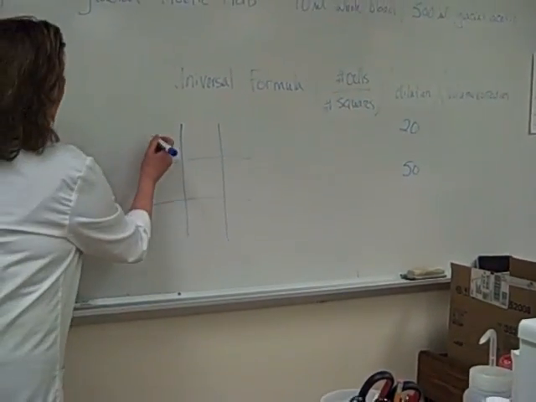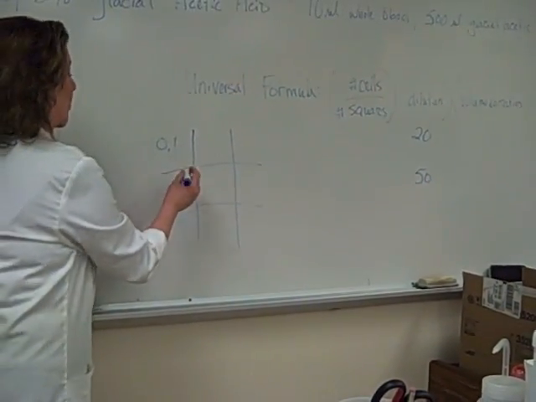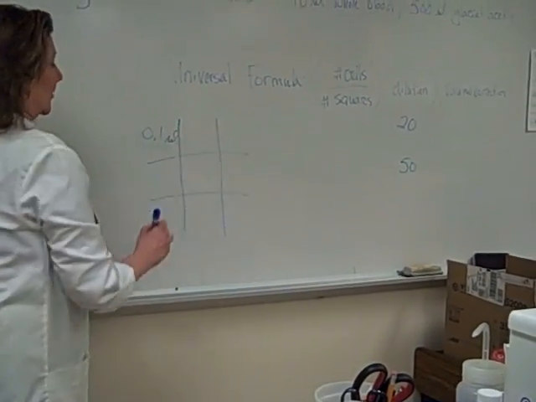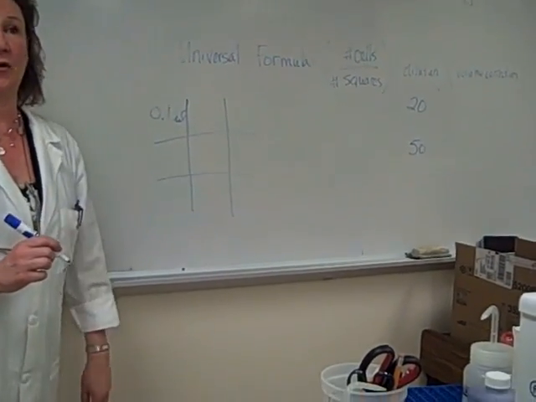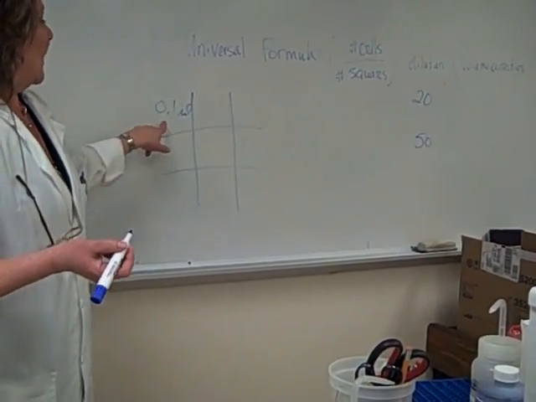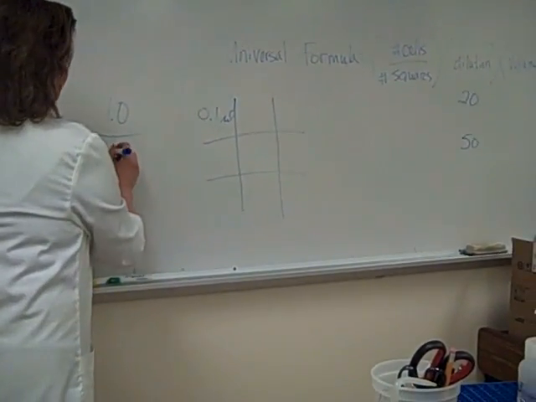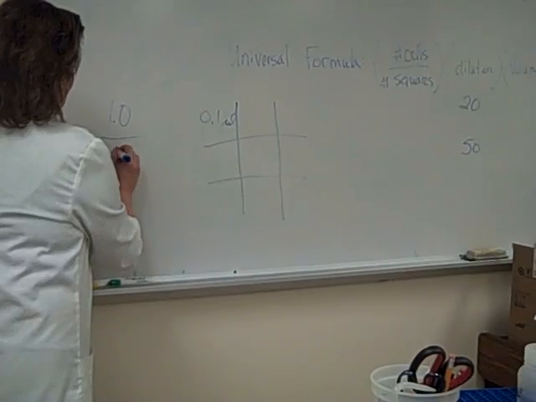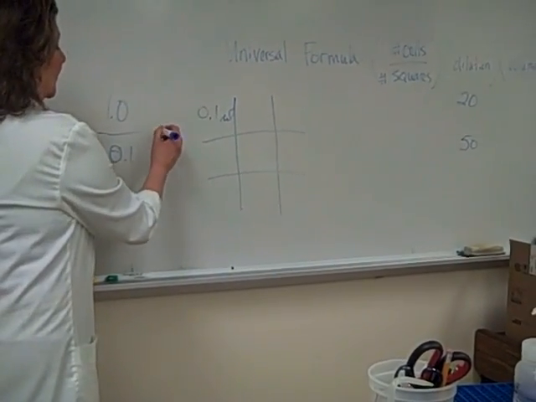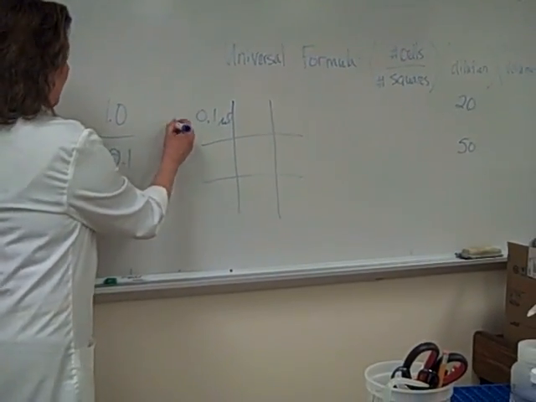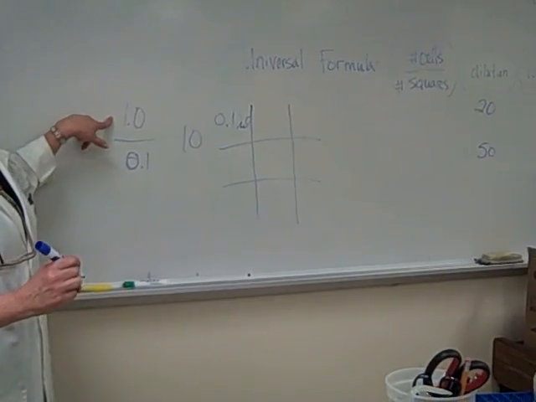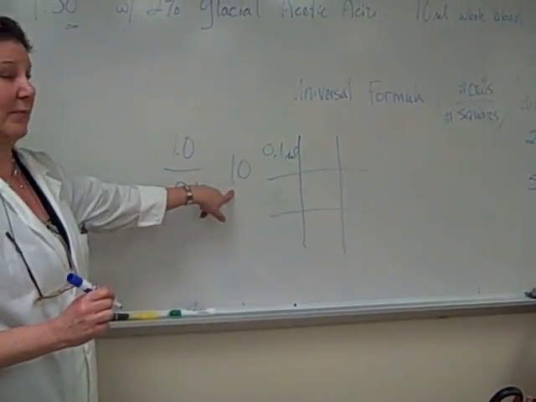Our volume correction factor, I touched on that briefly yesterday. One of these squares has a volume of 0.1 microliter or 0.1 millimeters cubed. That divided into the whole volume gives us a volume correction factor of 10. So I'm just taking 0.1, dividing it into 1, and that gives me my 10.